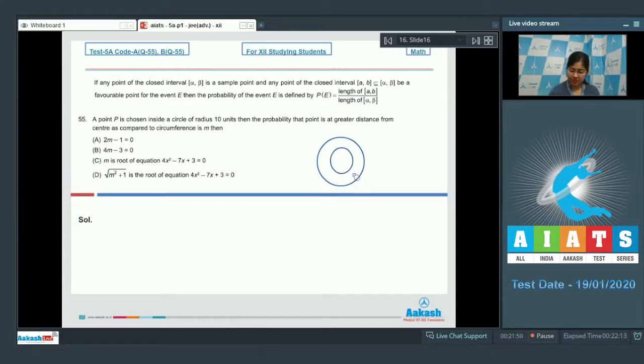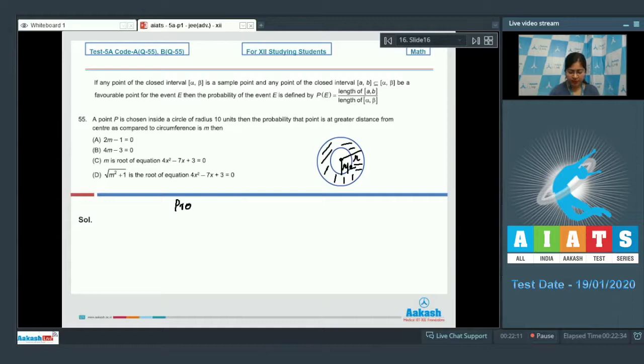Let us say this is another circle. Let us say this is the radius. So as this is R, let's take here R by 2. If we take any point in this region, then its distance from the circumference is less than its distance from the center, right? So we have to find the area of the shaded region.